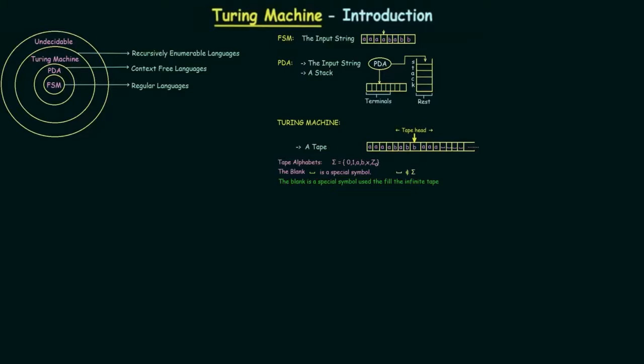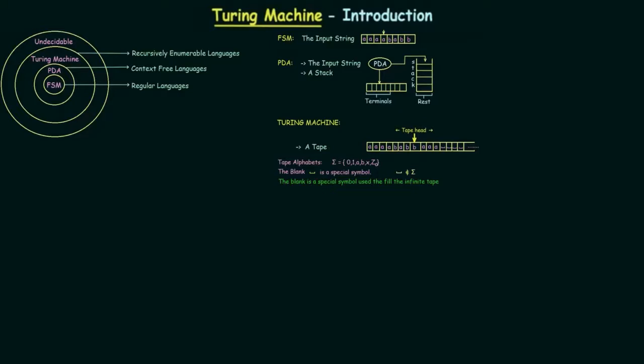When we came to the pushdown automata, we saw that there is an input string, and also a stack that is used as a memory to hold the input string that is being used. That means it can hold the count or number of occurrences of the input string. That was the advantage of pushdown automata.